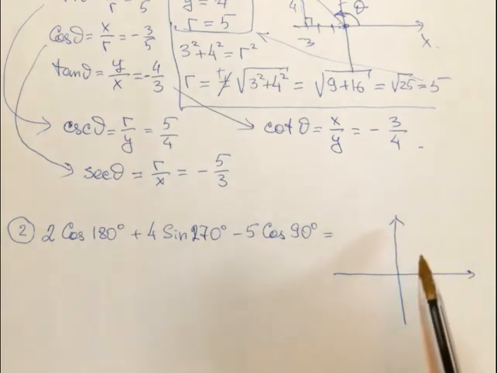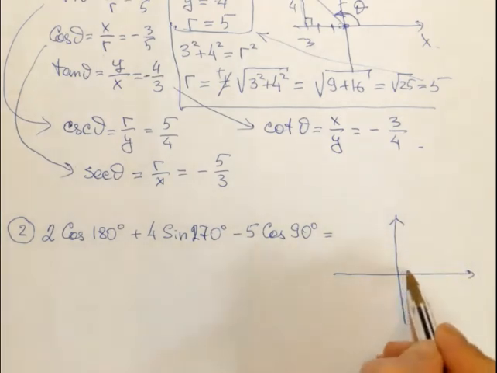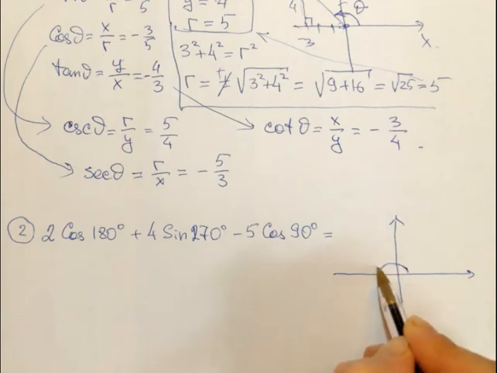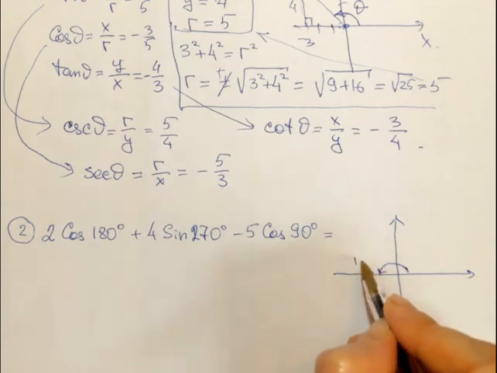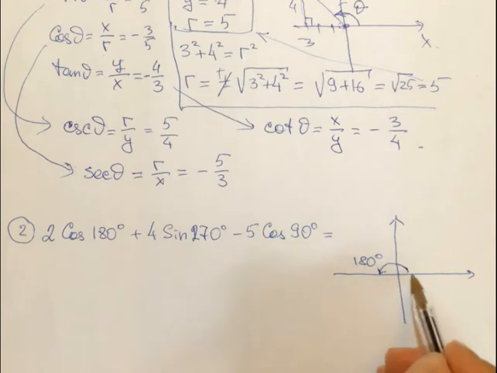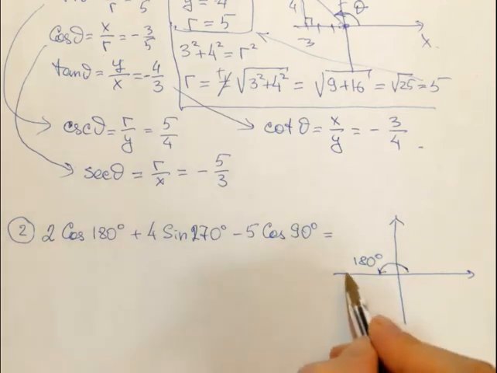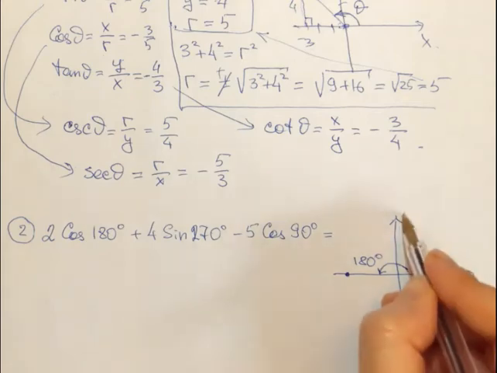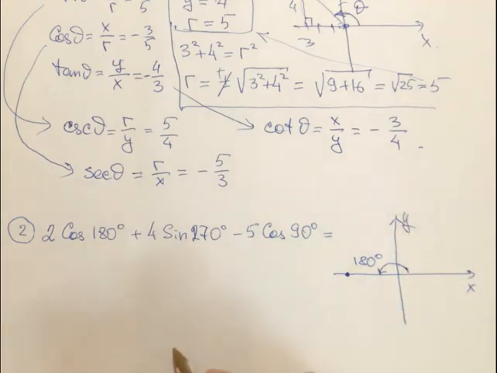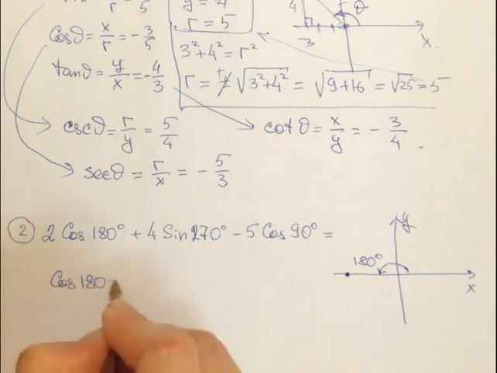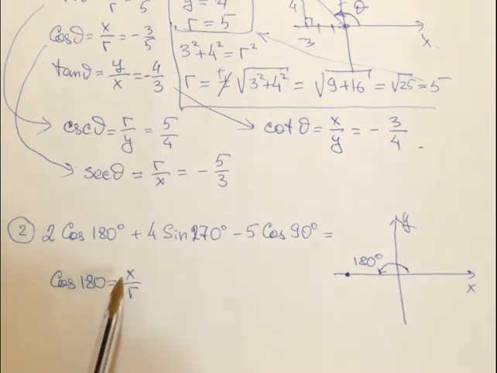So we start with cosine of 180. 180 degrees is a straight angle. So you can take any point on this line of the negative x-axis. Cosine of 180 is x over r. Cosine is connected with the x-coordinate.